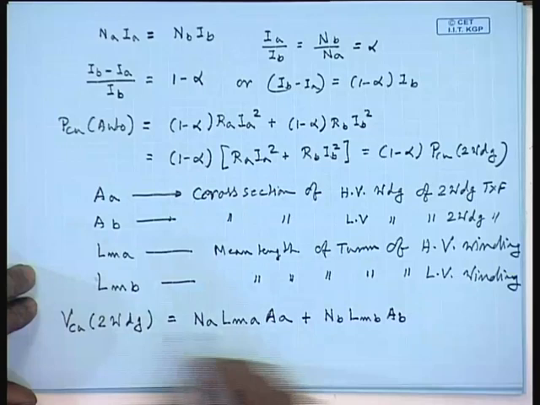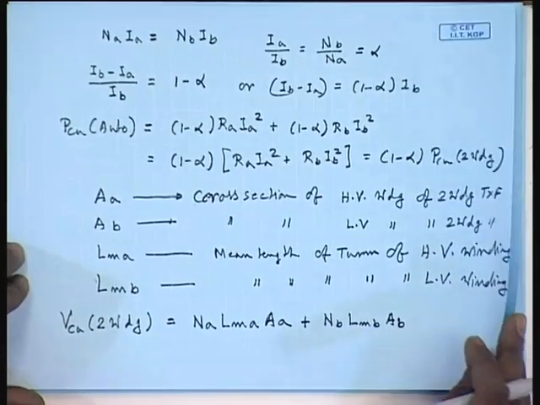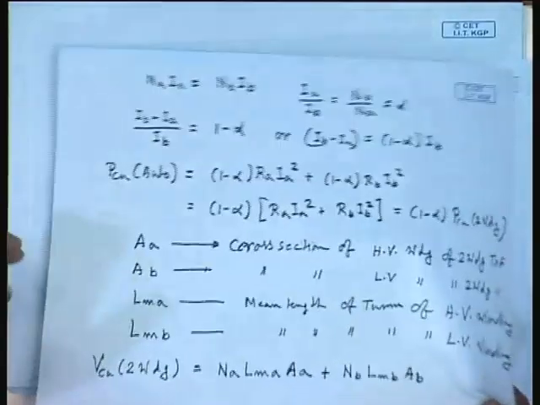So, this is the volume of the copper used in the two winding transformer. Let us now compute the volume of copper used in the auto transformer having the same kVA rating.